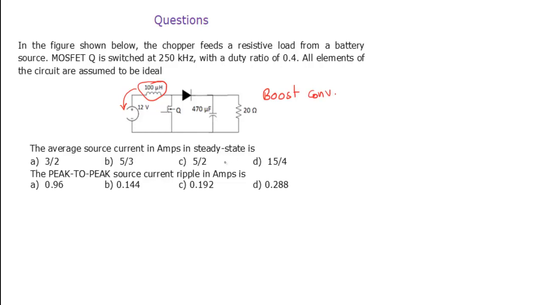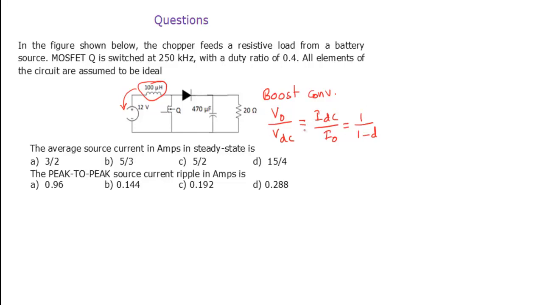Okay, so for the boost converter, we already discussed the power balance equation. What's the power balance equation? V0 by VDC equals IDC by I0 equals 1 by 1 minus D. This relation will give you a voltage relationship or a current relationship.